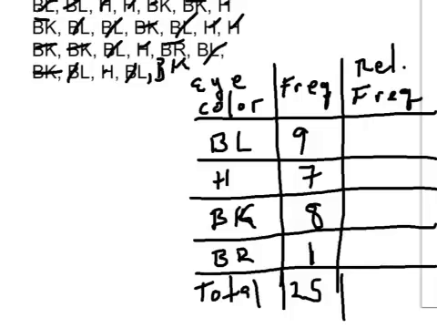The relative frequency is computed by taking the frequency and dividing it by the total. So for the blue, we take 9, divide that by 25.